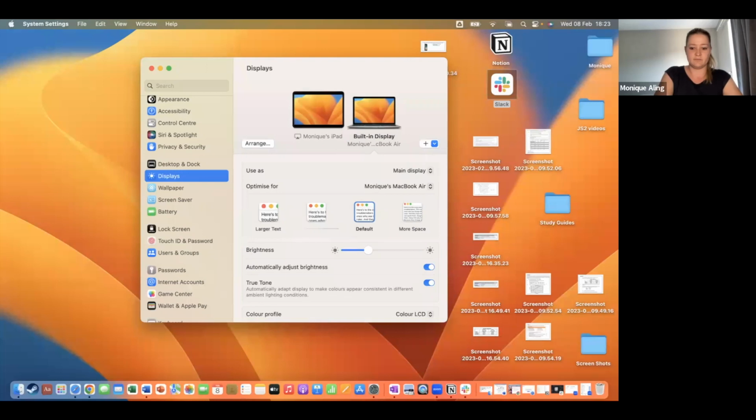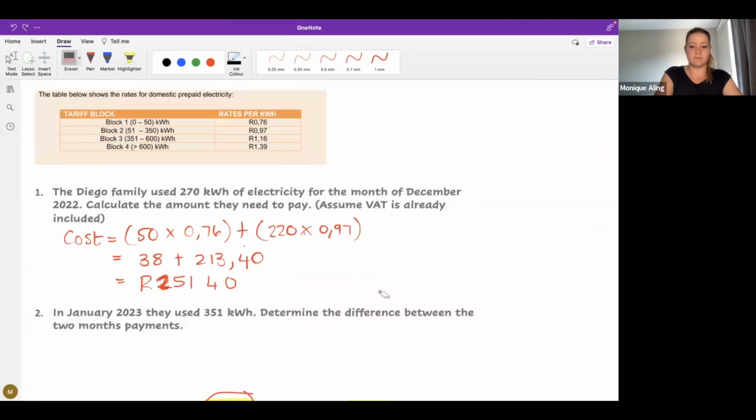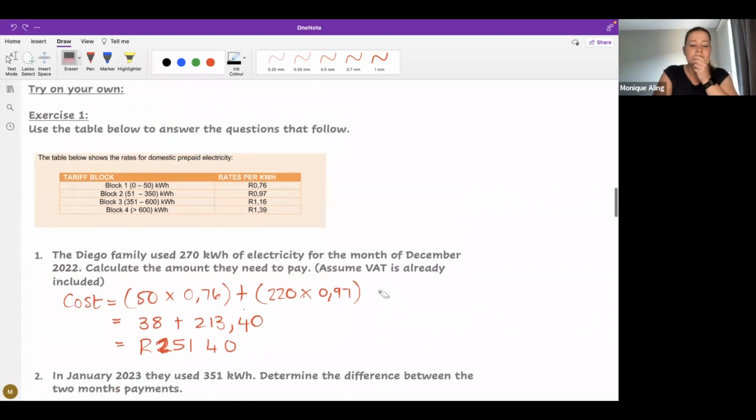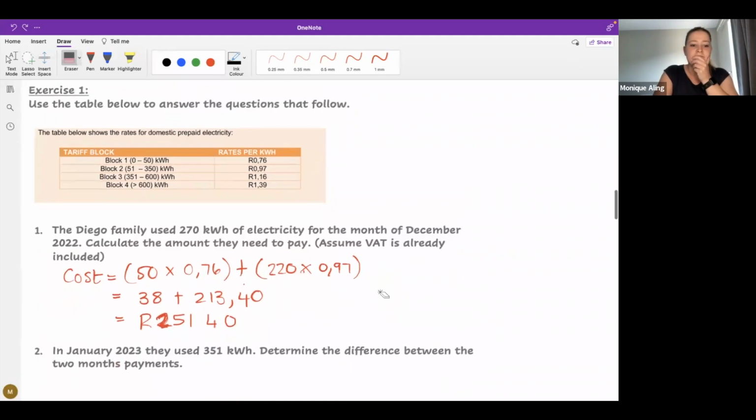Like, I don't understand the cost. Your first line, it's 50 times 0.76 in brackets plus 220 times 0.97. I wanna understand how you got the 220. I don't understand that part.